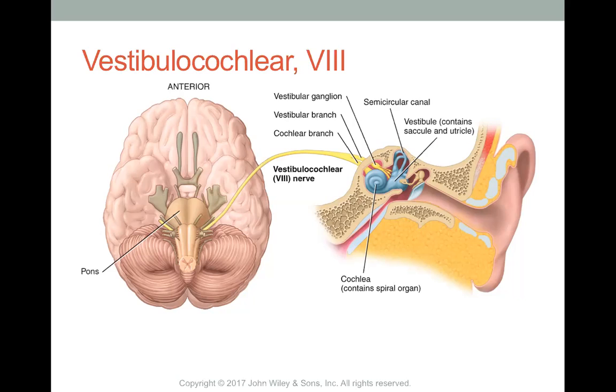So tinnitus, the ringing of your ears. Vertigo will occur when people have problems with their equilibrium and their balance, and so maybe they're not able to lay completely flat. They need to keep their head elevated some, and so that's going to be because of this vestibulocochlear nerve, or cranial nerve 8.